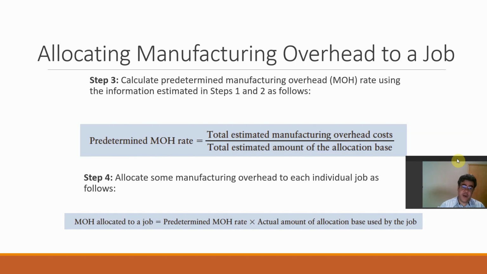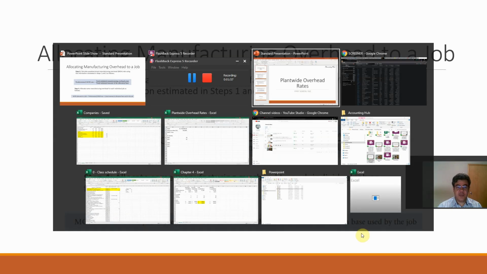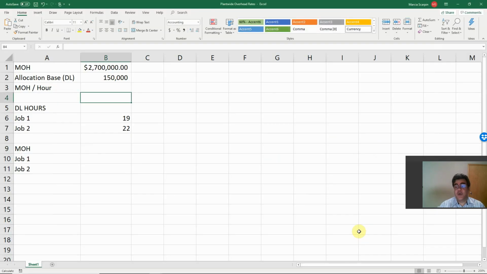And then step 4, allocate manufacturing overhead to each individual job using this formula. Manufacturing overhead allocated equals the predetermined manufacturing overhead rate from step 3 times the actual amount of allocation base used by the job. Let's check this in our Excel file.